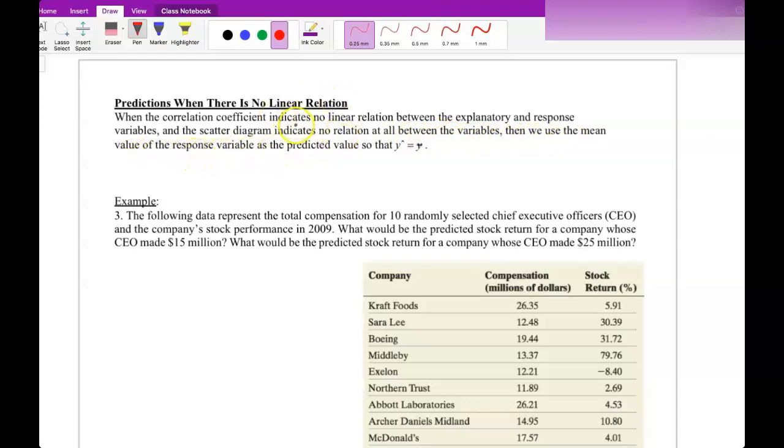So when we have no linear relation, instead of the predicted value, we're going to use a mean. So we use the mean value of the response variable. This is the response, that's why we should use y. Okay, I'll be writing that part. So that is y hat. This one is y bar.